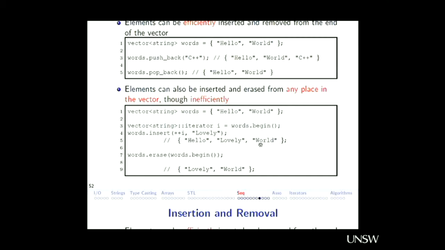Hello lovely world is now in our container. words.erase takes an iterator and removes one element, whatever the iterator is referencing or pointing to. So words.begin is the first element, and words.erase(words.begin()) removes the first element. So now our container contains lovely world. That should be obvious, hopefully. So these iterators are powerful things.